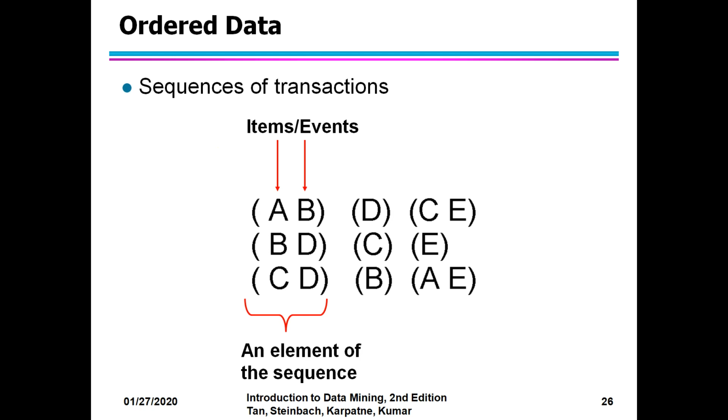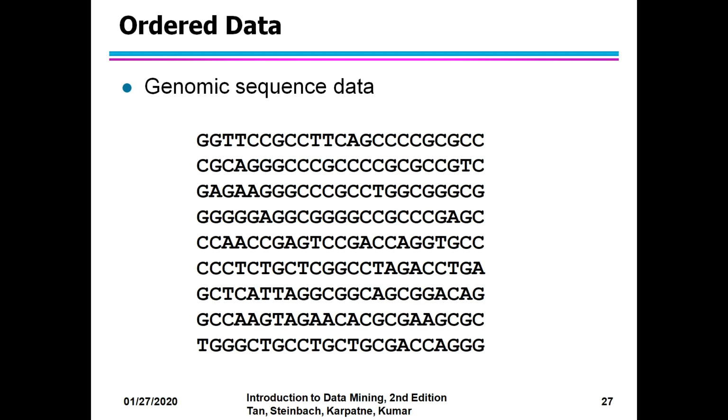This is an element of a sequence. When I buy A and B, I may buy D, or I may buy C and E. When I buy B and D, I may buy C and E, or C and D, or B, A and E. This is ordered data.